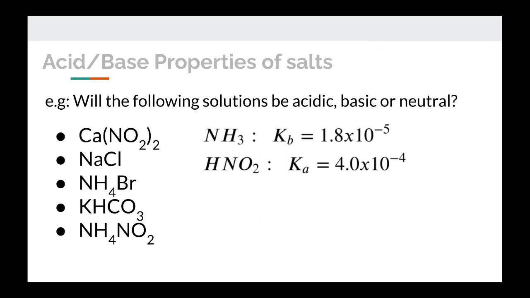For NH3, Kb is 1.8 times 10 to the minus 5. So that means for NH4 plus, Ka is Kw divided by 1.8 times 10 to the minus 5. Kw is 1.0 times 10 to the minus 14. And so this ends up being 5.6 times 10 to the minus 10.